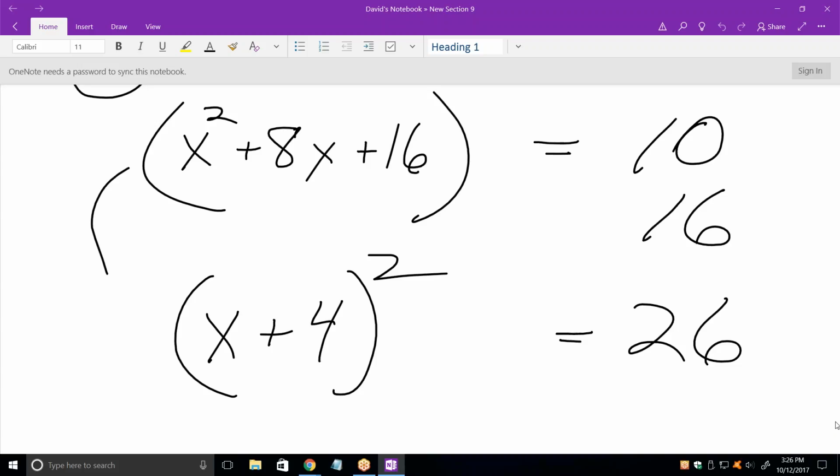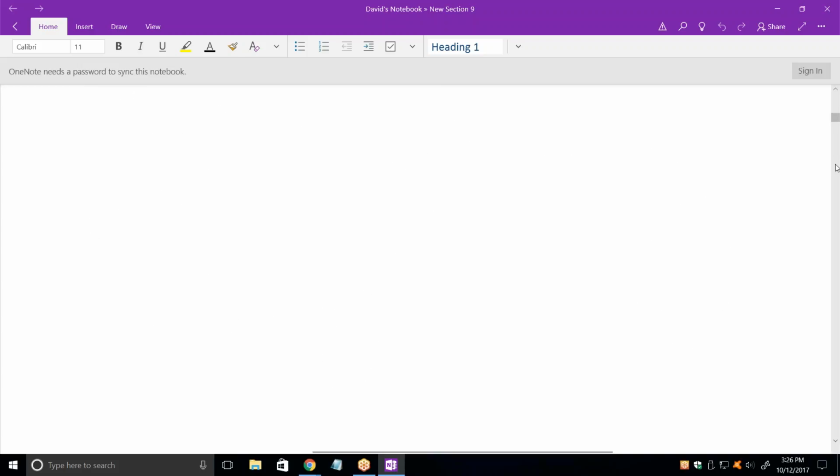That's the reason I completed the square. That's why you do it, so that you can write this term here as a binomial linear term squared. Yeah, that makes sense. That's the reason you're doing it. All right. What else you got?